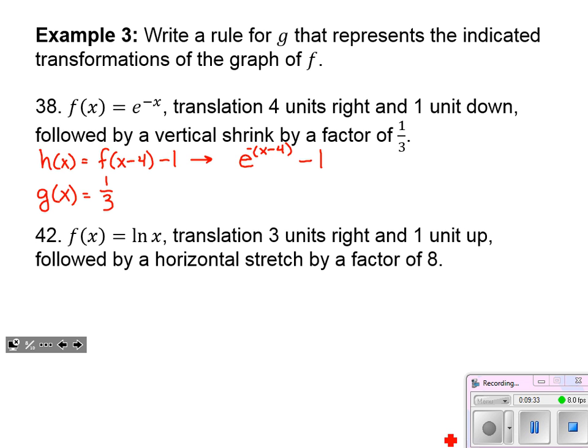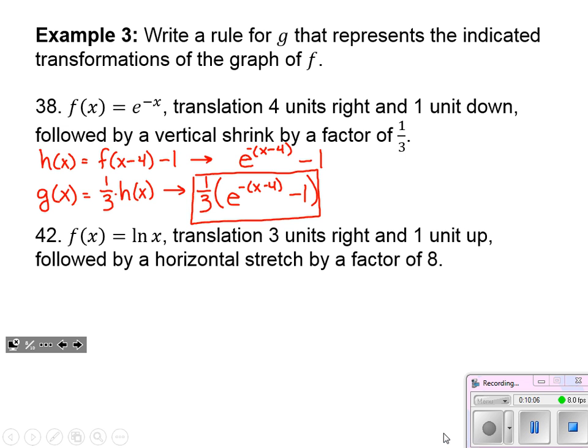So I take 1/3 outside times h of x, and in this case that means 1/3 times e to the negative quantity x minus 4, minus 1, and that 1/3 applies to all of it. Now, I'm sure we could simplify by distributing and simplifying some terms along the way, but I prefer your answers in this format right here so I can see where you are applying the numbers. You can always simplify later.